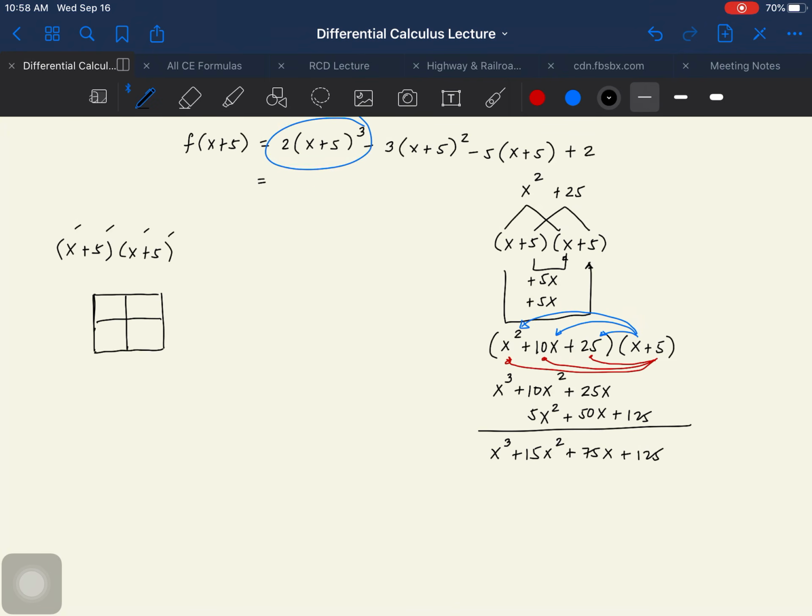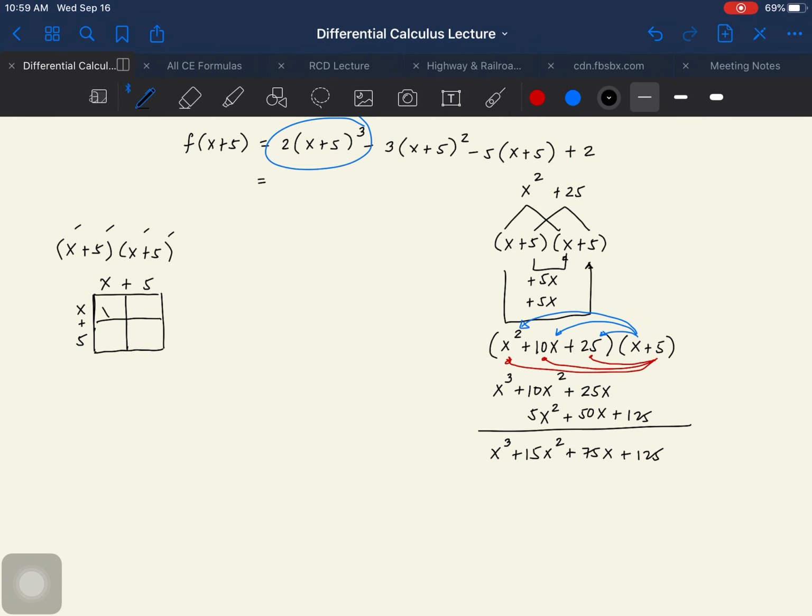Okay, so you have there x plus 5, then we have x plus 5. So what is x times x? So this one, x times x goes to there, then 5 times 5 goes to there, 5 times x, and then x times 5. So that's how we will go about it.